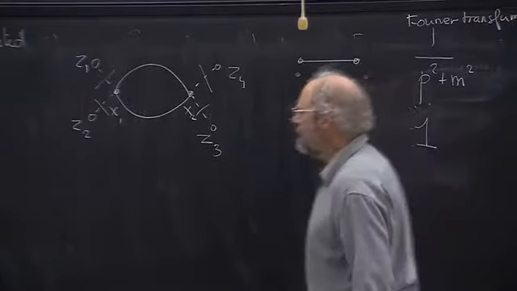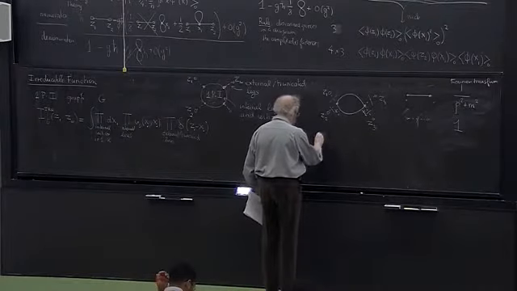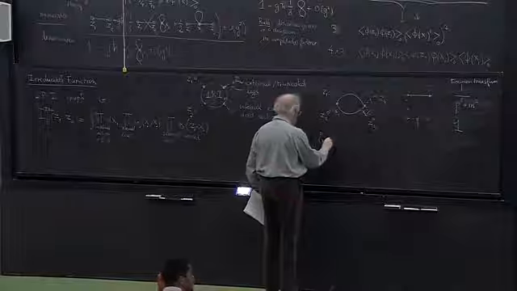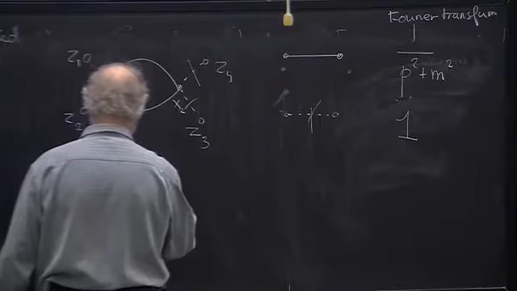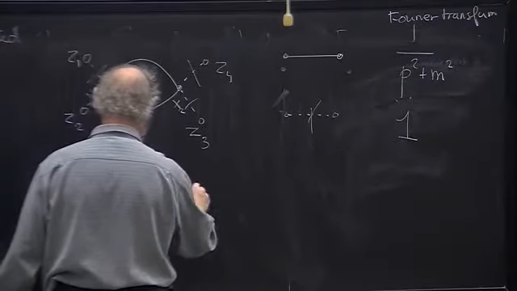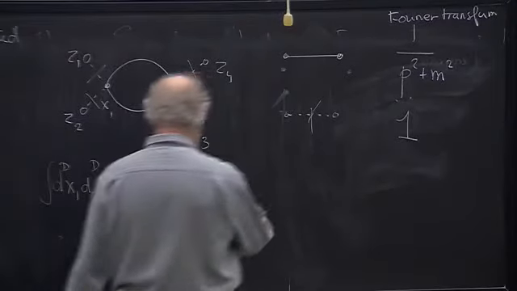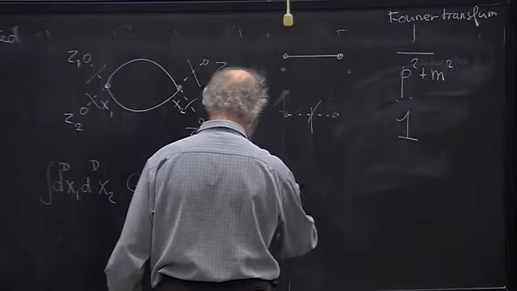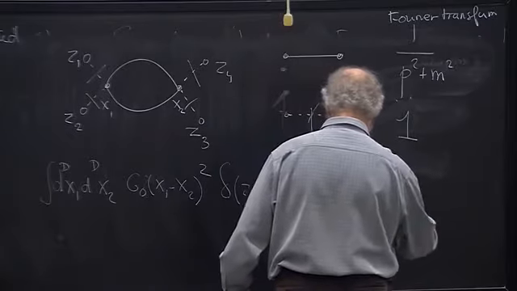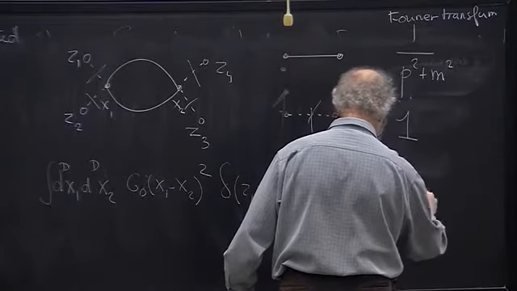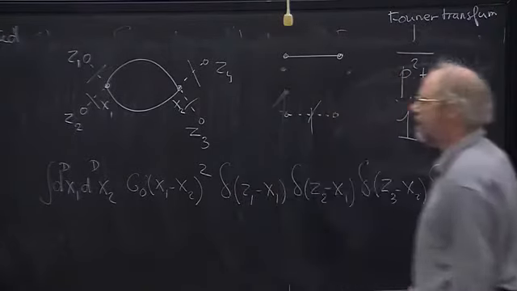Okay. So for instance, what is the amplitude associated to this diagram? It's just the integral dx1 dx2 times g0 of x1 minus x2 squared, the propagator, times a delta function of z1 minus x1, delta of z2 minus x1, delta of z3 minus x2, delta of z4 minus x2.